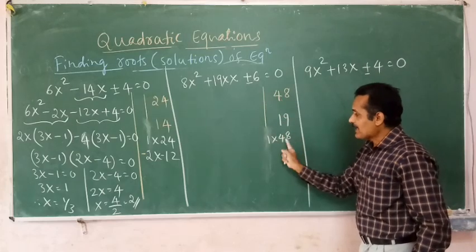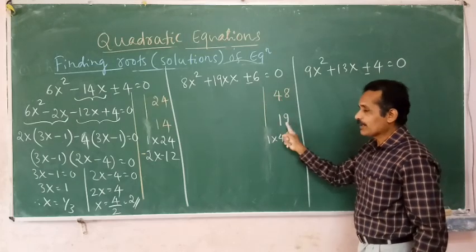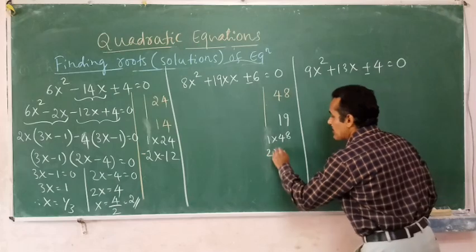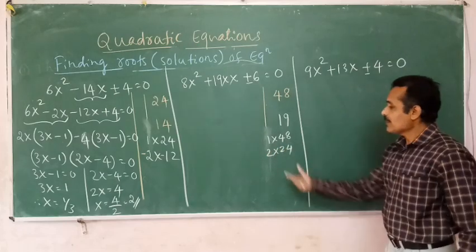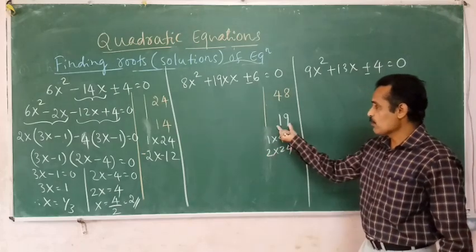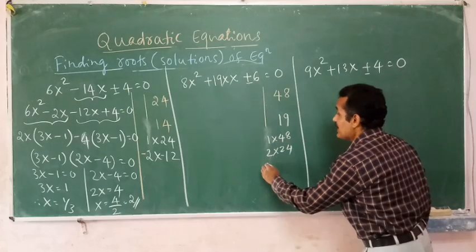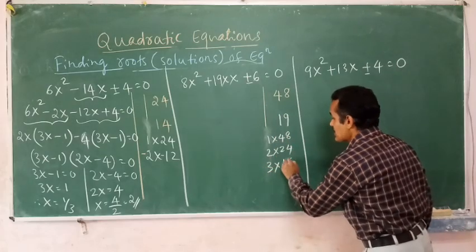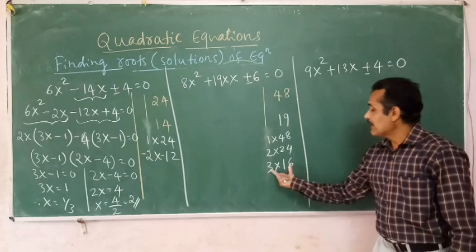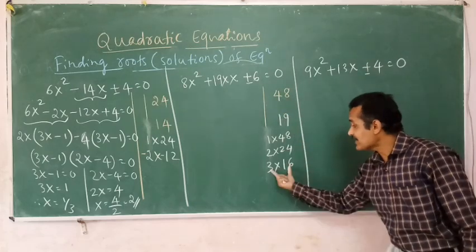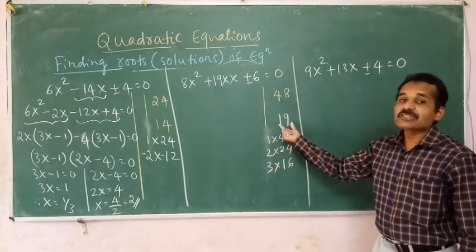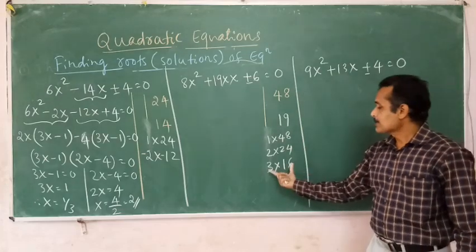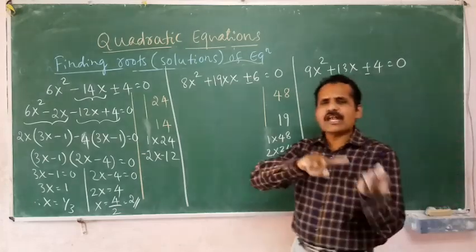Product is 48, but adding to 49, but we want 19. No. 2 24s are 48. Add it, 26, but we want 19. No. 3 16s are 48. Add it. 16 plus 3 is equal to 19. Yes, the middle terms are 3 and 16 or 16 and 3.